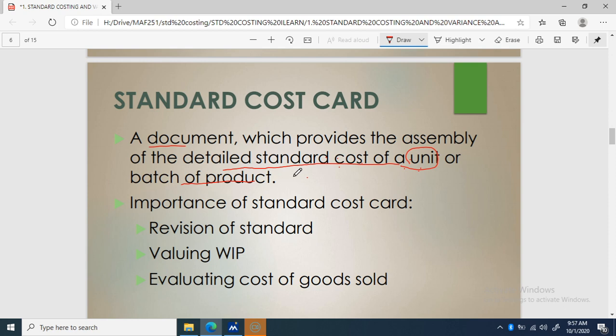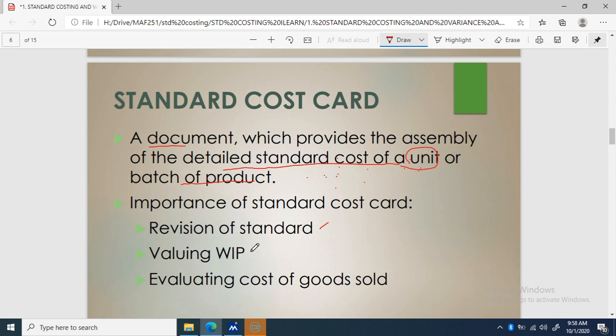Okay, so if you have two types of product, you have to prepare separate standard cost cards. If one product, one standard cost card. If two products, you should have two standard cost cards separately. So the importance of the standard cost card, as we said just now, is revision of the standard. When we revise the standard, we can refer to the standard cost card.